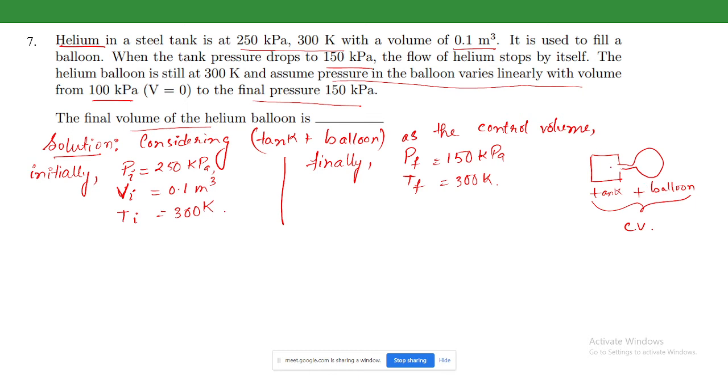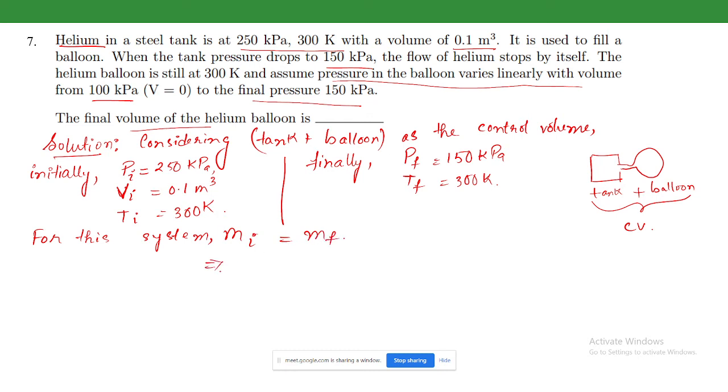So initially whatever be the mass in the tank, that mass essentially gets redistributed between the tank and the balloon. So we can say that for this system, the initial mass is equal to the final mass.